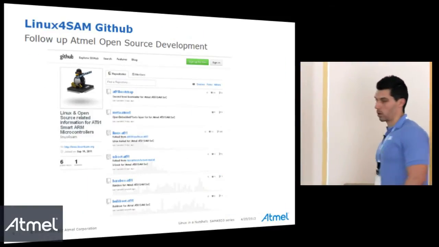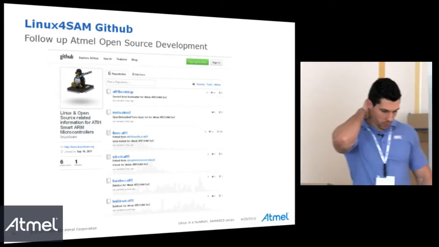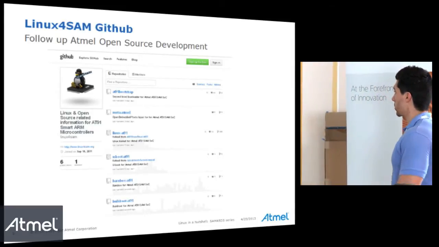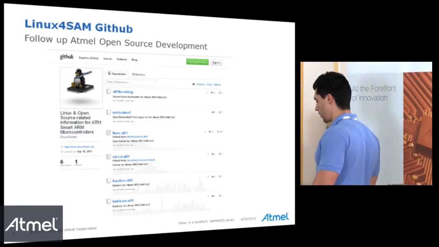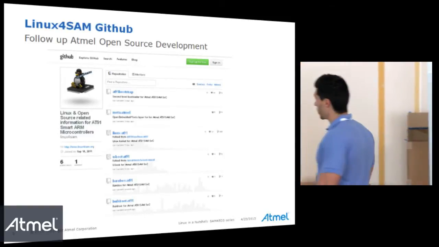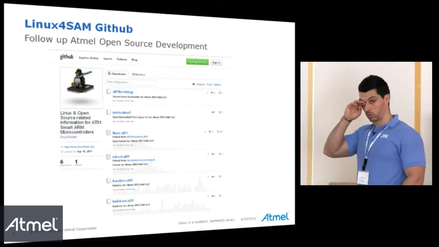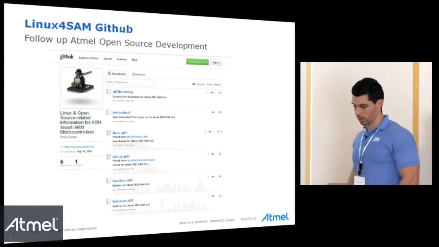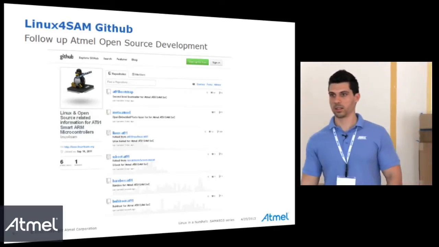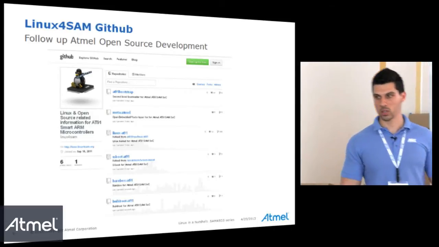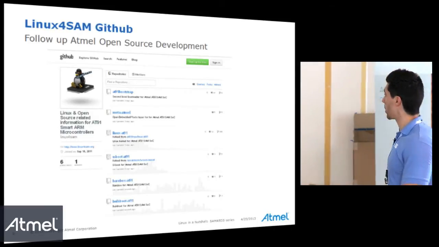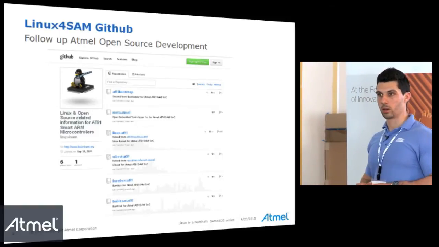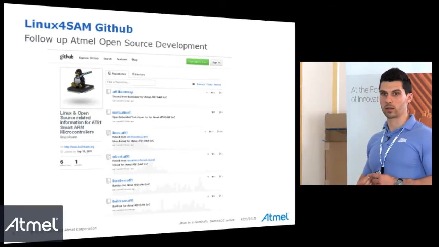Another new offer coming with the SAMA5D3 is a GitHub repo. GitHub is a versioning tool, fully accessible to FAEs or even customers. I have the internet link at the end of my presentation. Thanks to the GitHub repository, you will be able to follow the development around Linux.